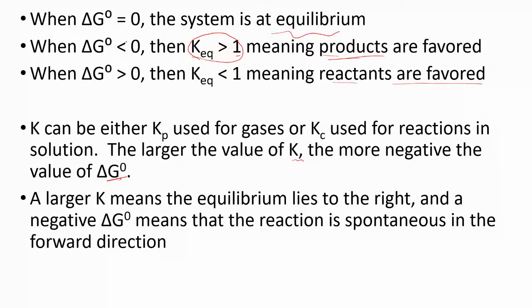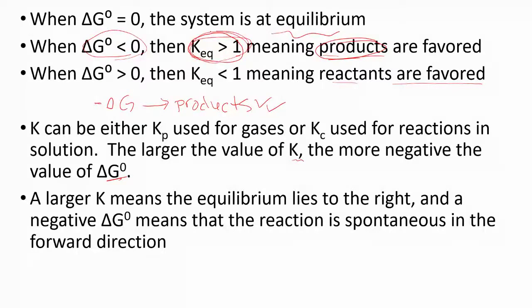And this makes sense, right? Because delta G is less than 0, so that means delta G is negative. And we know that a negative means that it is spontaneous in the forward direction. All right, so it is going to make products, and it's going to do so naturally without any help from an outside system. If we make more products, products are favored.